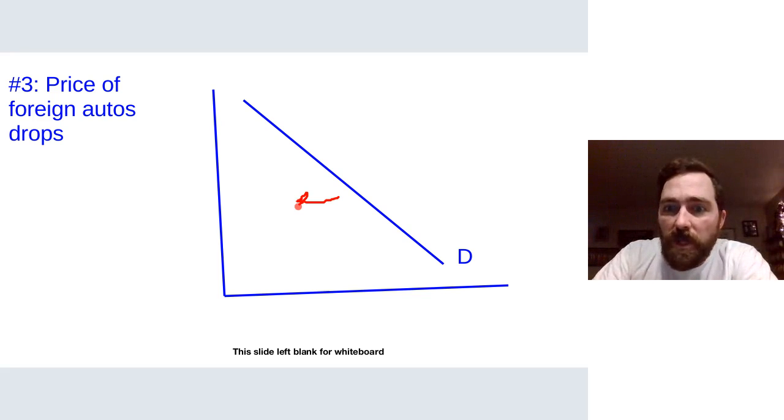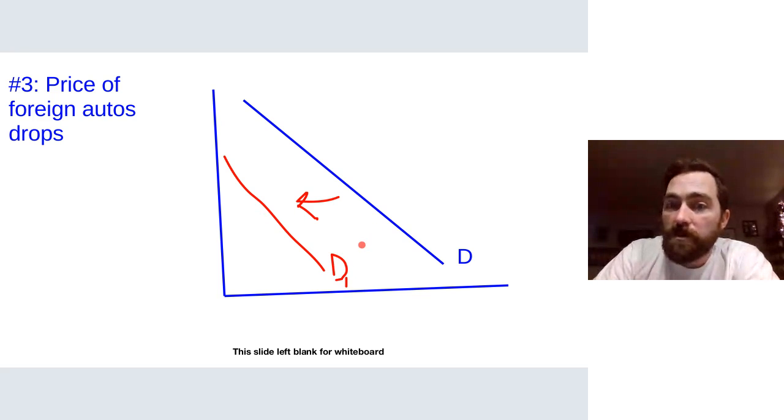So when the price of foreign cars drops, Americans buy fewer American cars and more foreign cars. The demand for American-made automobiles decreases, and now American firms are selling fewer cars.